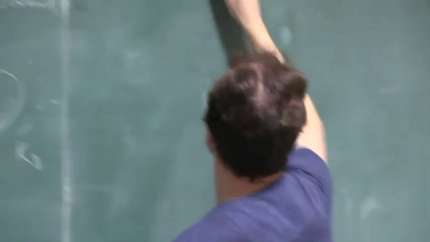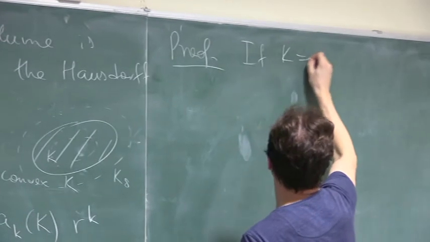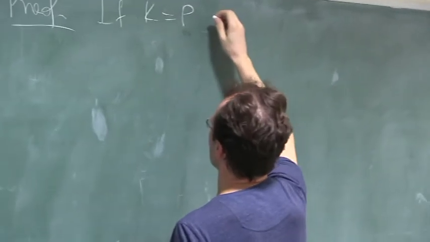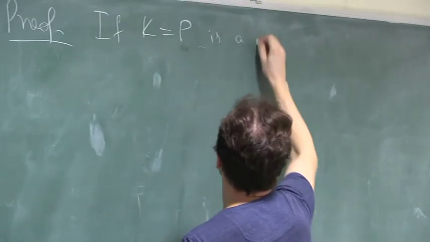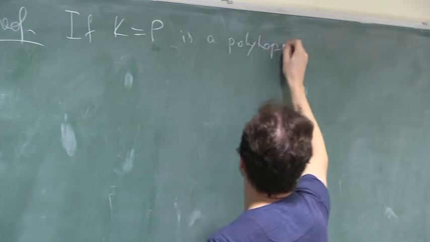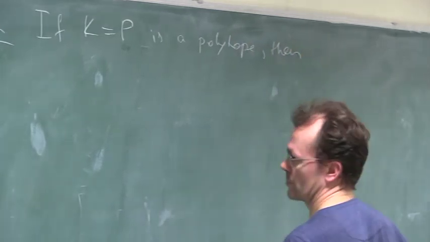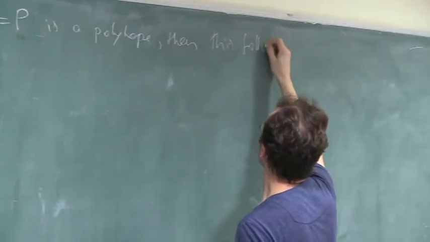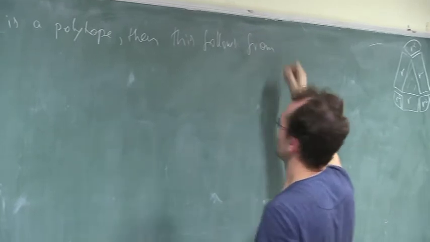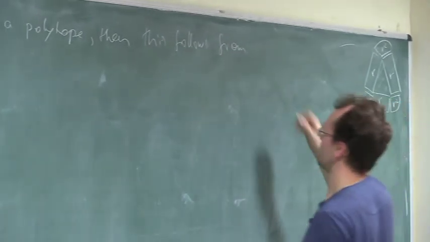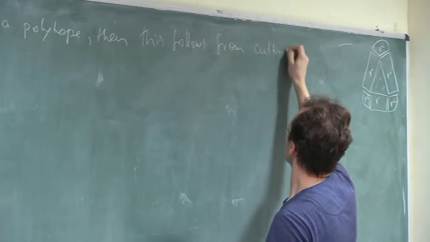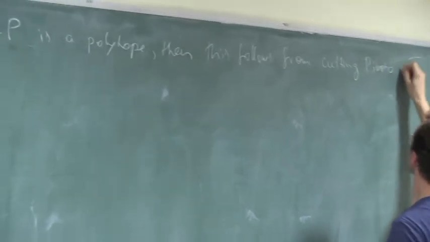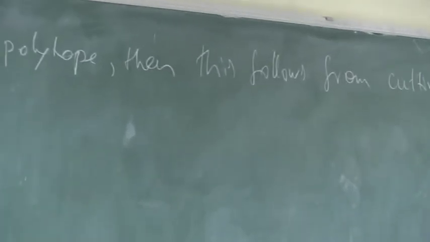So if K equals P, I will denote polytopes by P now, if K equals P is a polytope, then this follows from cutting P into pieces, like that.